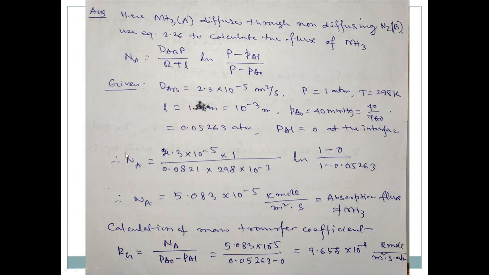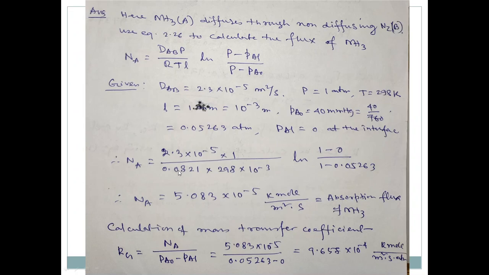Now I calculate NA equals DAB, 2.3 into 10 to the power minus 5, P equals 1 atmosphere, divided by R T L, into ln of P minus PAL over P minus PA0.